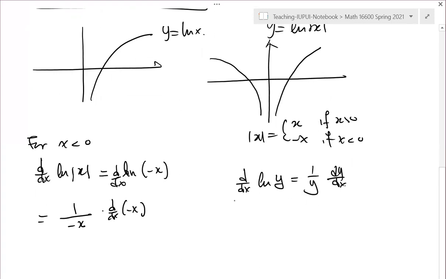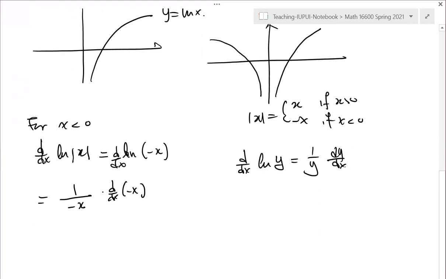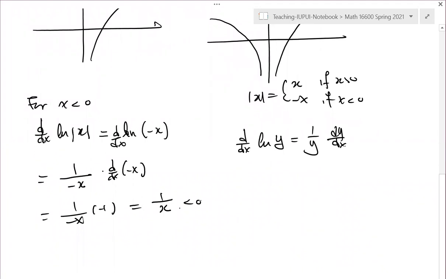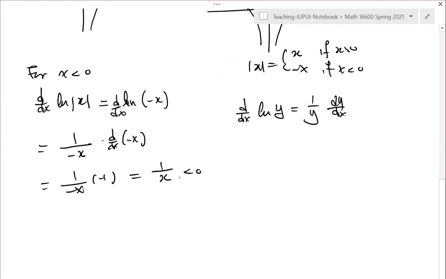That's the additional term here. That is going to be negative 1. After simplifying, it is 1 over x. Of course, it's negative, but you don't see the negative sign.